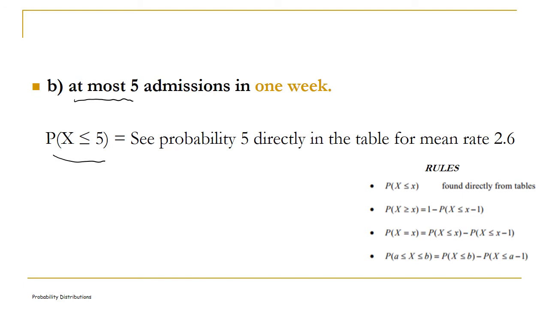The reason I'm looking at this probability directly in the table is this first rule. This first rule says whenever you have a less than or equal to sign, just see it directly in the table. No need to do any transformation. I will see the value of 5 in mean rate 2.6 and it will be this number over here.